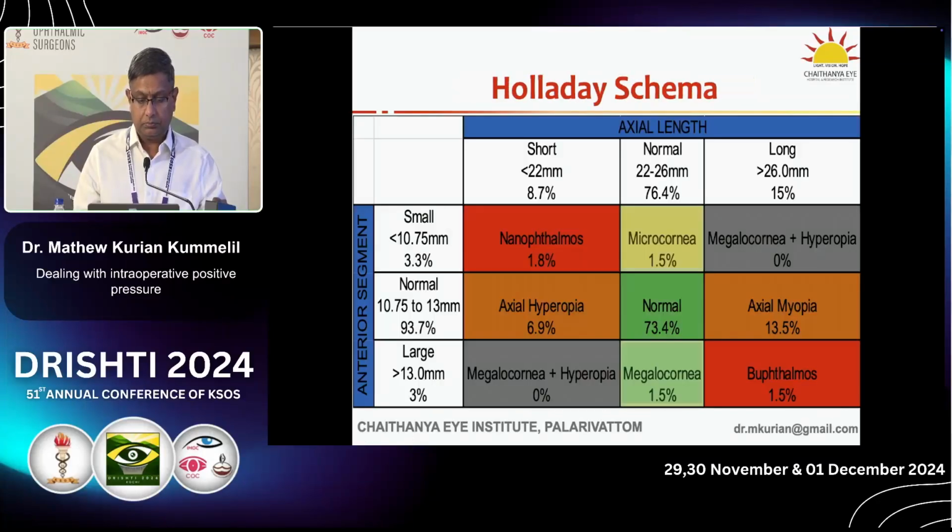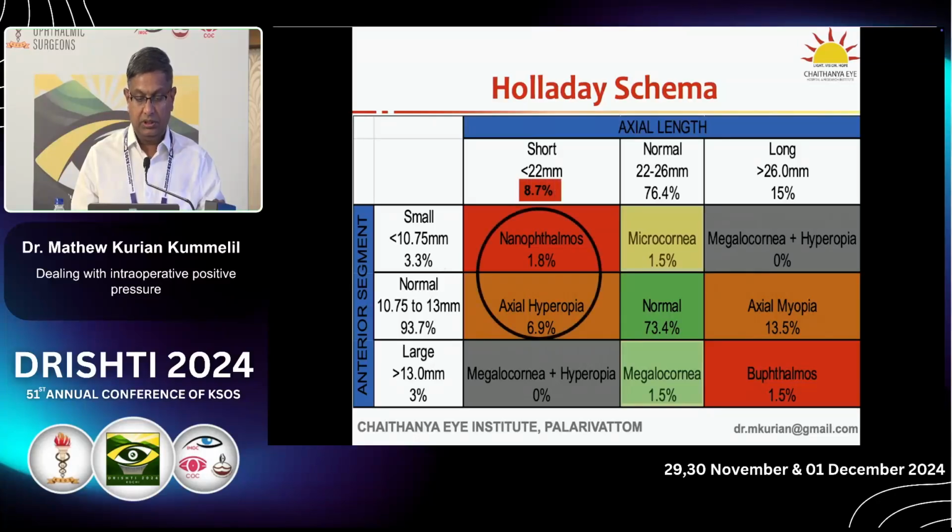So what were my learnings from this? Hollade says that it is not just long, normal and short eyes. There are also proportionately smaller anterior chambers, normal anterior chambers and large anterior chambers.